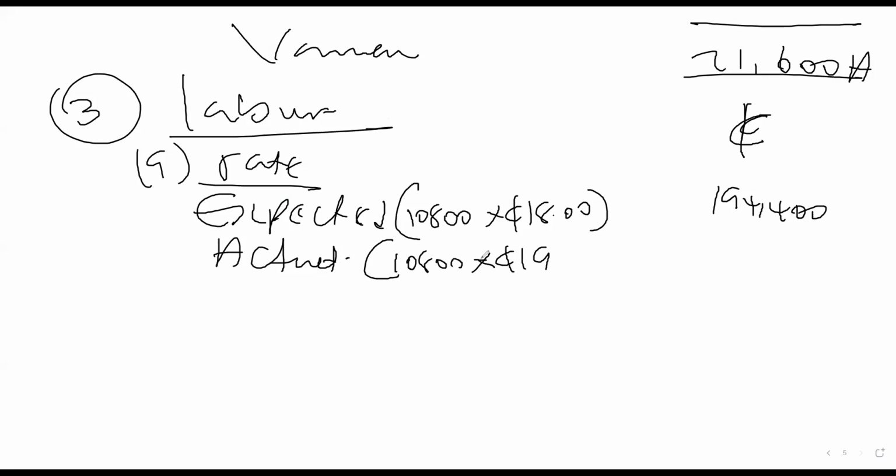What do you get? 205,200. So you see, for labor our expectation is that we have to spend 194,400, but we end up spending something more, which is 205,200.